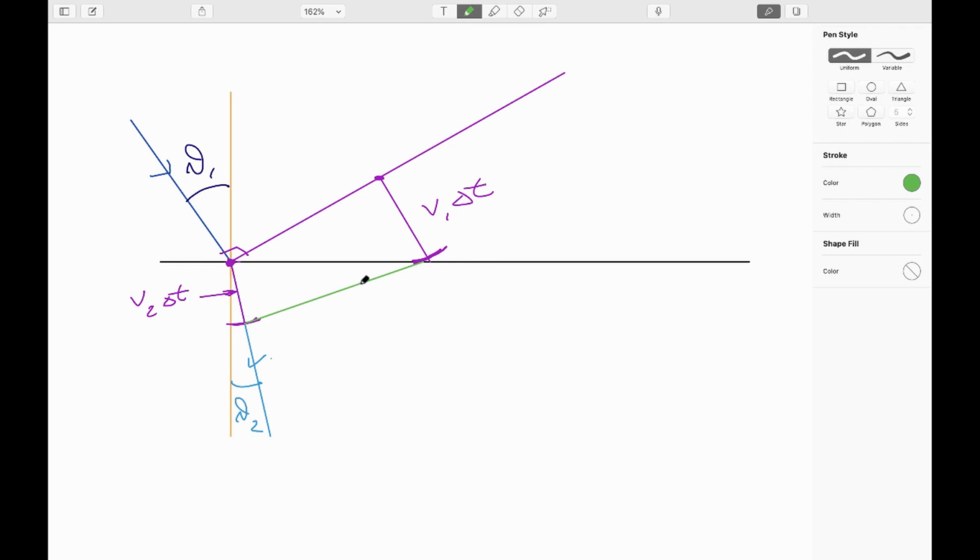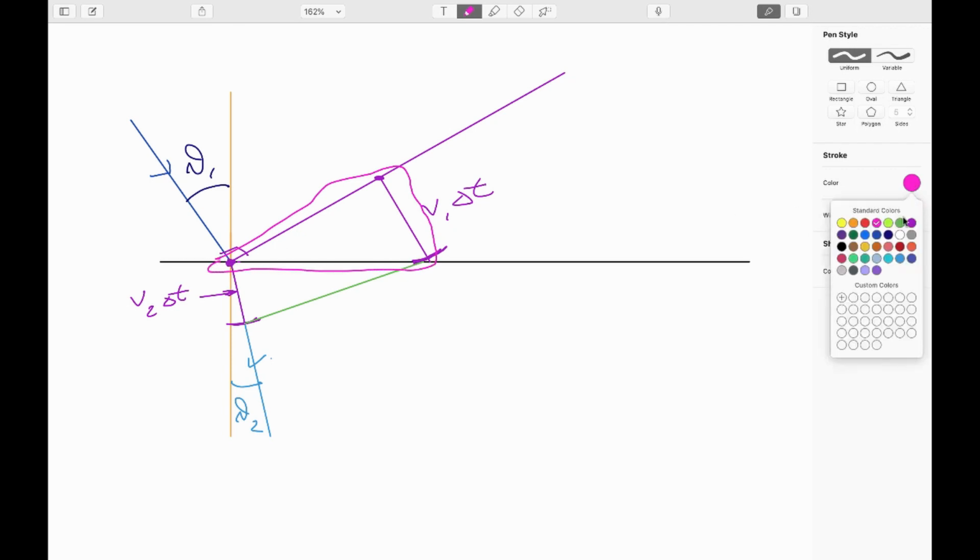Okay. So let's go and take a look at this triangle right here, the pink one, and we'll compare that up against this red triangle right there.